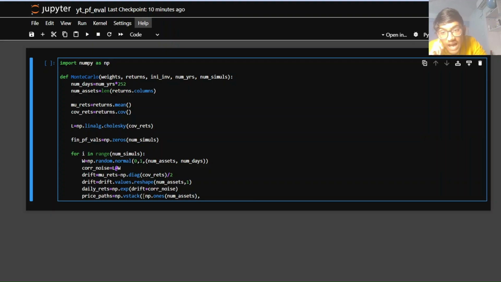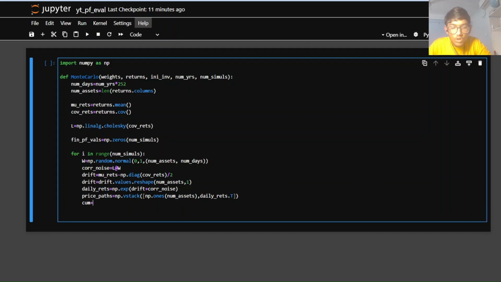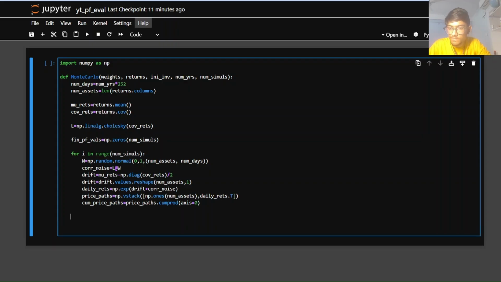Now our daily returns has its columns as different days, but in price paths the rows now represent my days, so I need to take the transpose of daily returns. So daily returns dot T, right? And finally I'll take the cumulative product of all of this. So price paths would simply be the cumulative product of price paths, price paths dot cumprod axis equals 0, since we're doing it row wise.